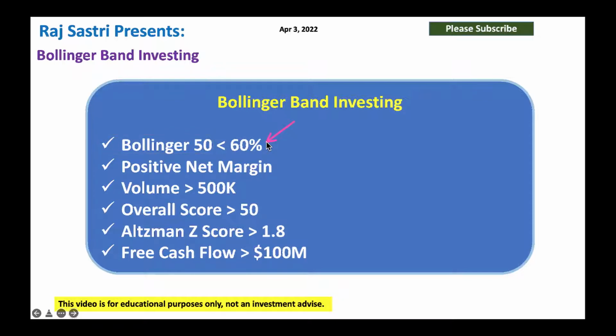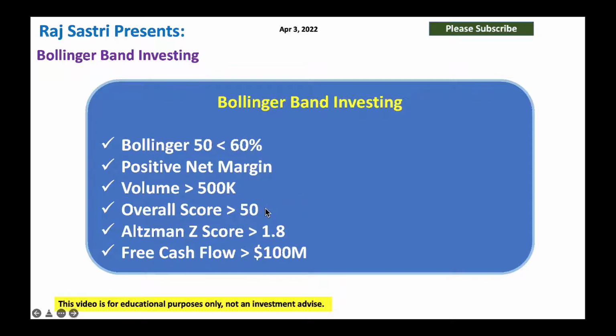And we'll also make sure fundamentally the company is stable with a positive net margin and volume is more than 500k. Stock is very liquid, and the overall score, which looks at the profitability, growth, and valuation, is more than 50. That means these are the stable companies.